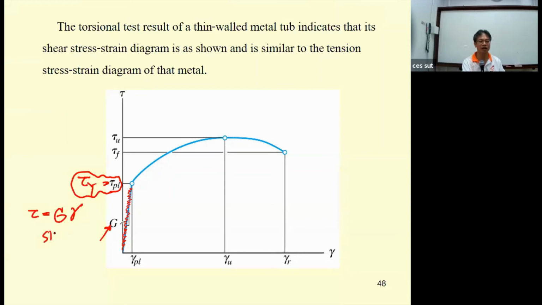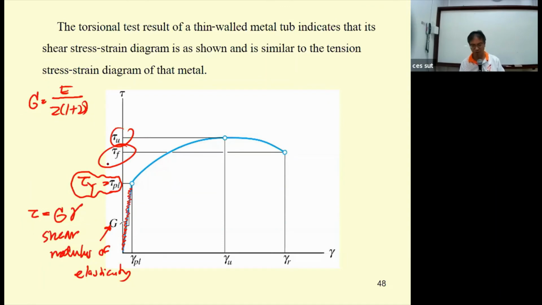We call G the shear modulus of elasticity of the steel. Okay, and you also know that G equals E divided by 2 times (1 plus Poisson ratio), and that is the relationship. Also, we have the tau sub U and tau sub F for this one, and then we have some discussion for lab number 4 based on the shear stress strain diagram.